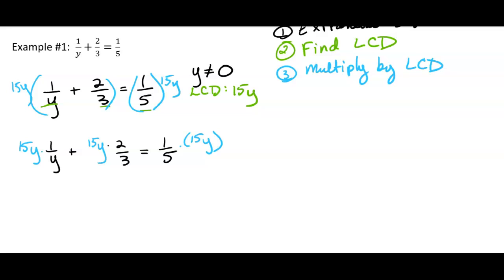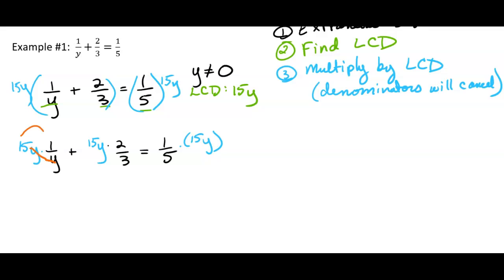Okay? Now, the whole reason to do that is to get the denominators to cancel. That's why you find the LCD. So it has to work. Okay, that's exciting. All right, so the y's cancel here.